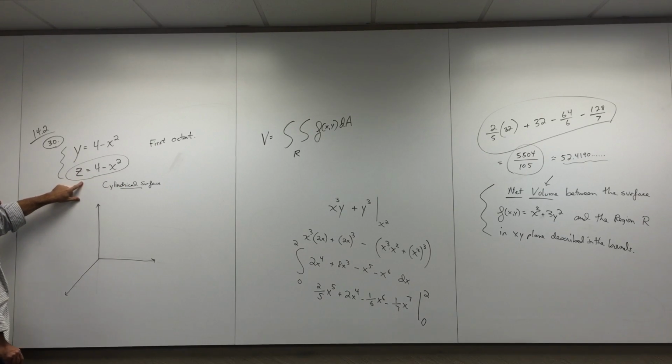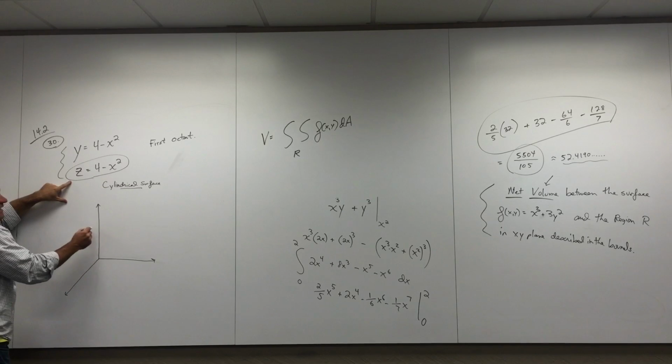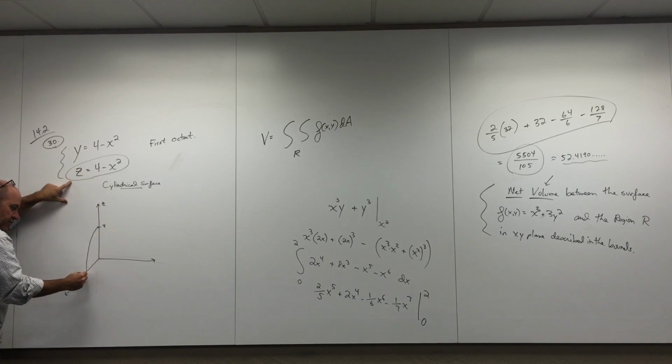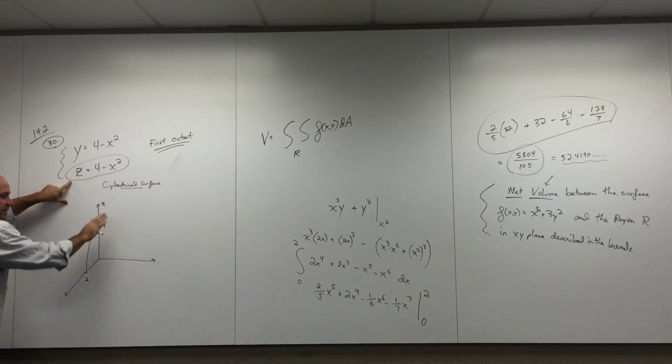I would call it a parabola that hits the z-axis at 4 and comes down and hits the x-axis at 2 and -2, except because I'm in the first octant, I'm not going to look at the negative aspect of this.